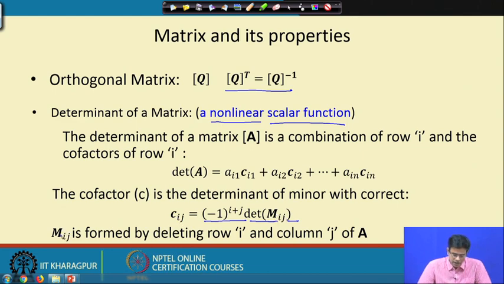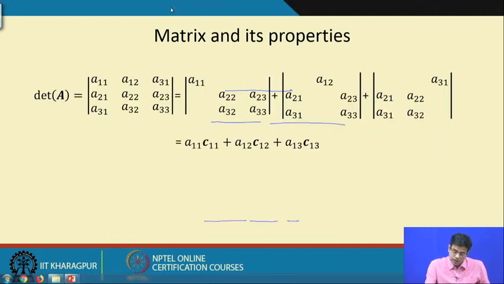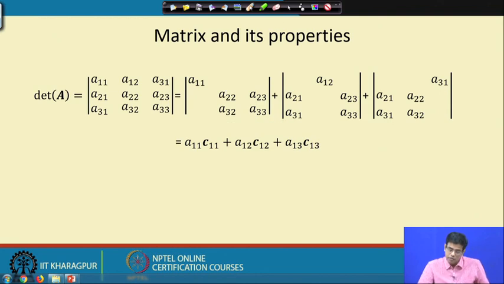So, how are these minors formed? These minors are formed by deleting the ith row and jth column of the matrix. We will see once, for instance, this is a 3 by 3 matrix, and we want to calculate the determinant.